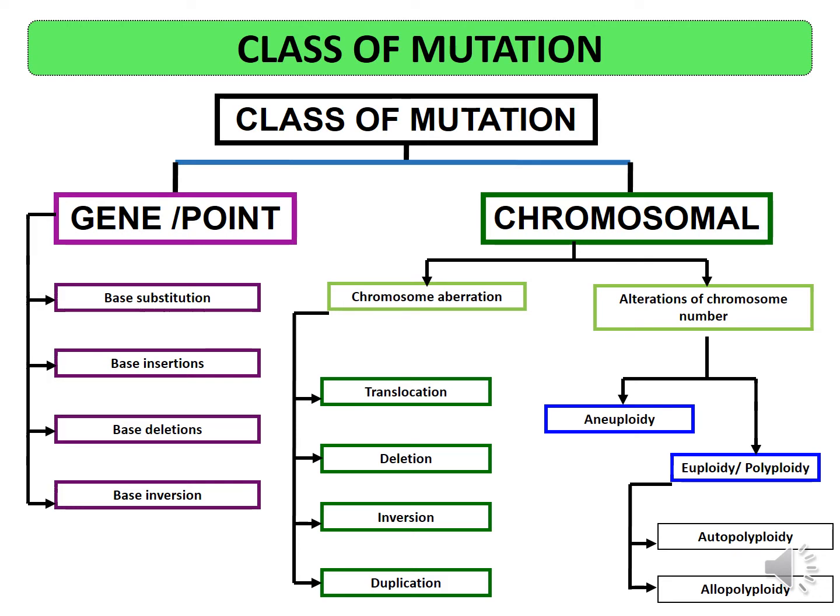Under chromosomal aberration, which is the change in structure, we have translocation, deletion, inversion and duplication. Whereas in alteration of chromosomal number, we have aneuploidy and euploidy, where there are two types of polyploidy, which are autopolyploidy and allopolyploidy.